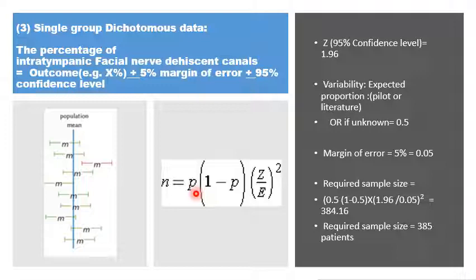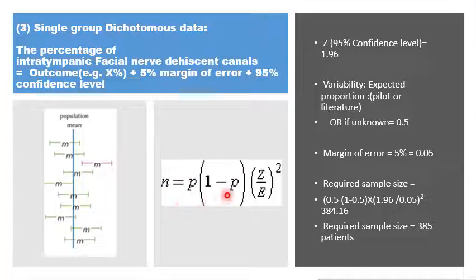If we have this information, this would help. You can say if you find from a pilot study, for example, that 30% of the specimens have a dehiscent facial nerve, then P would be 30, and 1 minus P would be 70, and multiplying them together is one step for obtaining the sample size.